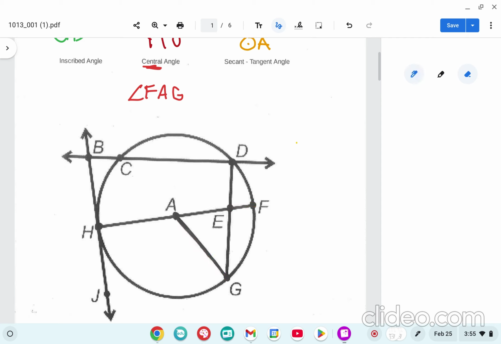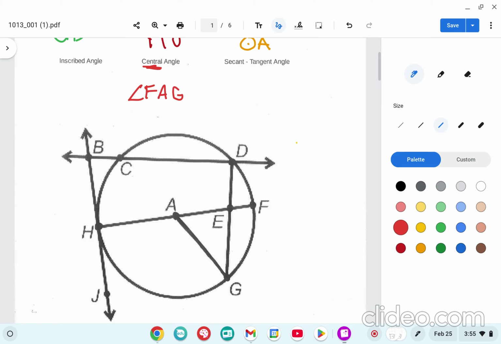All right, backtracking to inscribed angle. Again, this is an angle where all the points are on the edge of the circle, and it's going to be completely contained within the circle. So we have C, D, and G. Those 3 points are on the edge of the circle, and when we connect them, we get this angle here. Angle CDG or angle GDC.